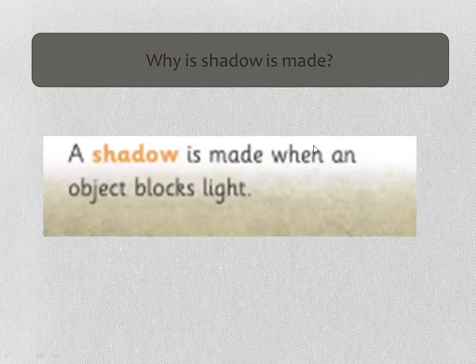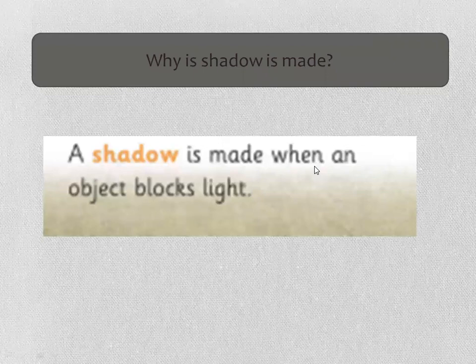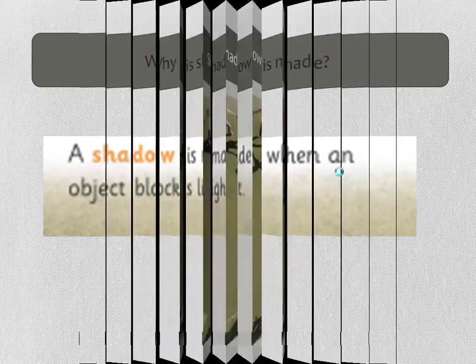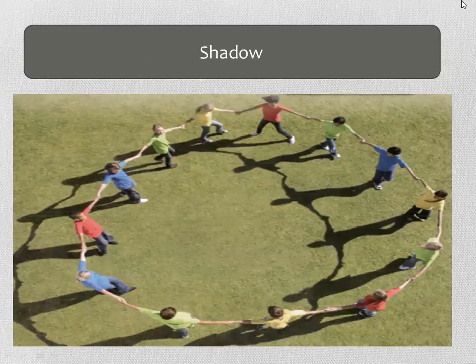So we are talking about why a shadow is made. A shadow is made when an object blocks light. You can see here in the picture in your books, there are lots of boys sitting and playing in the garden, and some of the shadows are long and some are short.